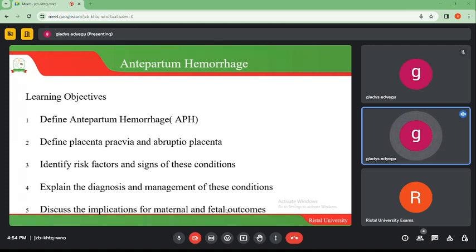The second objective is to define placenta previa and abruptio placenta. Our third objective is to identify the risk factors and signs of these conditions, and then to explain the diagnosis and management of these conditions. And lastly, we have to discuss the implications for maternal and fetal outcomes.